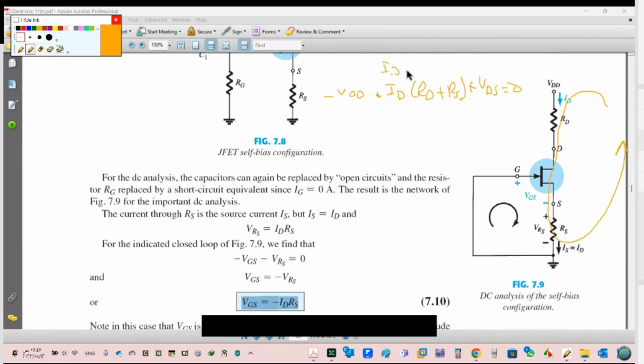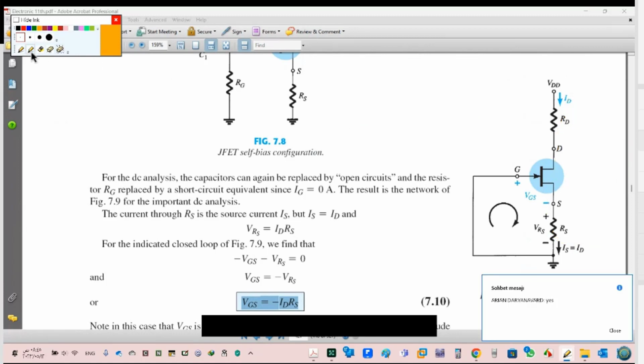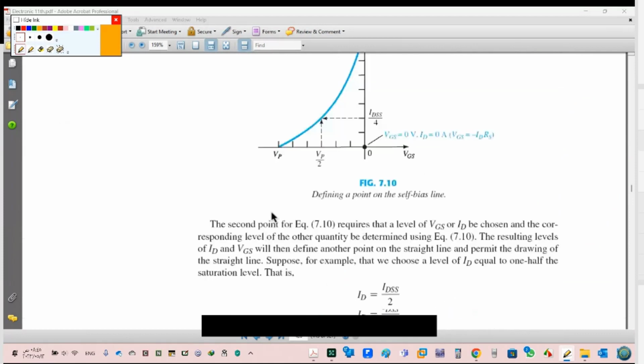Here we said ID equals IS. You can accept this. Then you can calculate VDS as VDD minus ID times RD plus RS. Is it clear? I guess this is from BJT, so it's easy for you also.